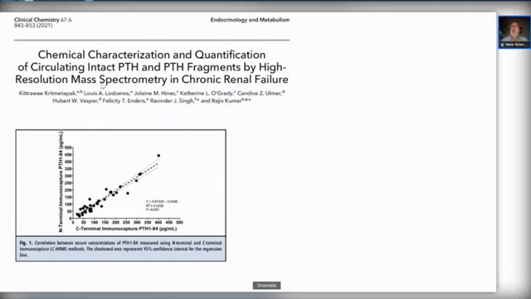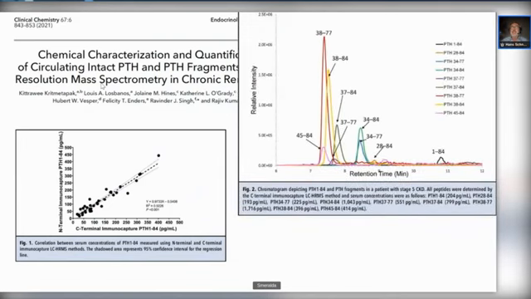The next slide shows you the separation of the different fragments, and they have isotopes of these fragments that they have used to identify and quantify the particular fragment.